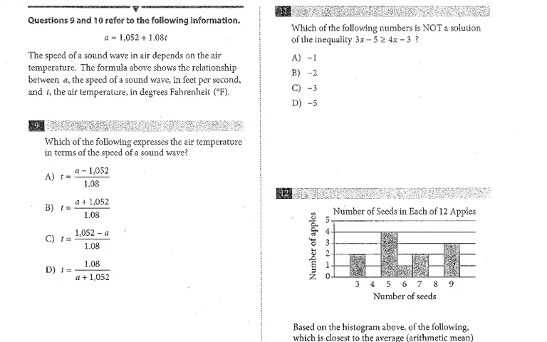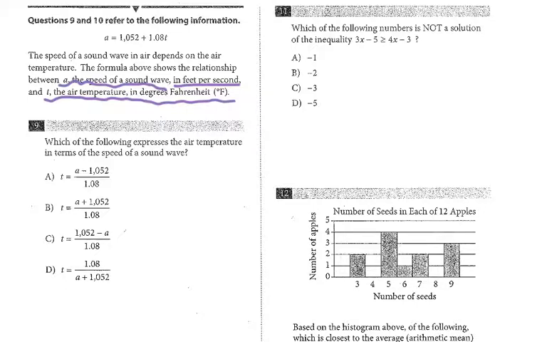For question 9, they refer to the following information, and we know A is the speed of the sound wave, in feet per second. T is the air temperature in degrees Fahrenheit. So we need to solve for T first. If we want to solve for T, we could say this is a linear function.